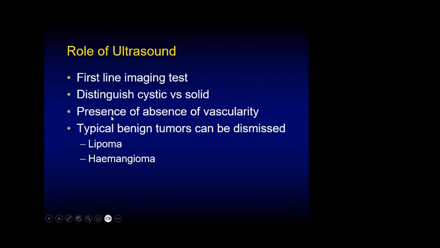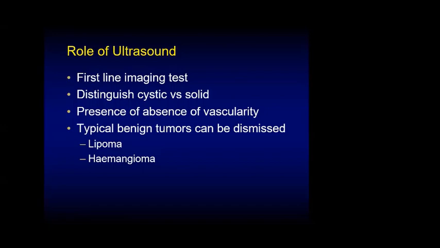Ultrasound would also be helpful to detect any internal vascularity, such as in AVM or hemangioma. They will be highly vascular. So sometimes you can tell from ultrasound what the nature of the soft tissue tumor is. And there are some typical tumors you may be able to detect with ultrasound scan and dismiss, for example, a lipoma.